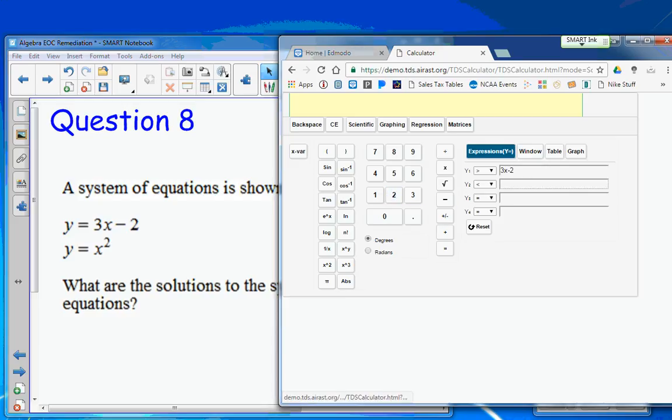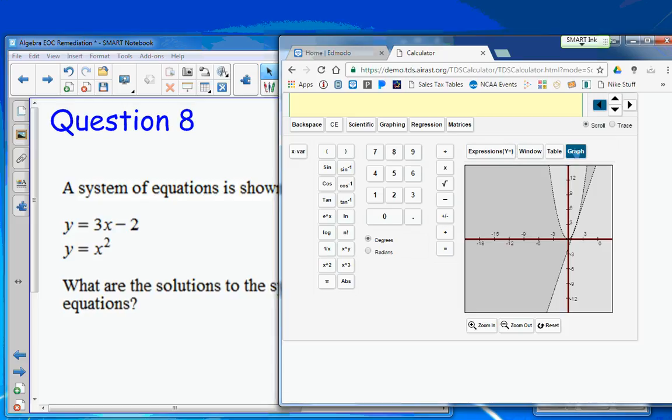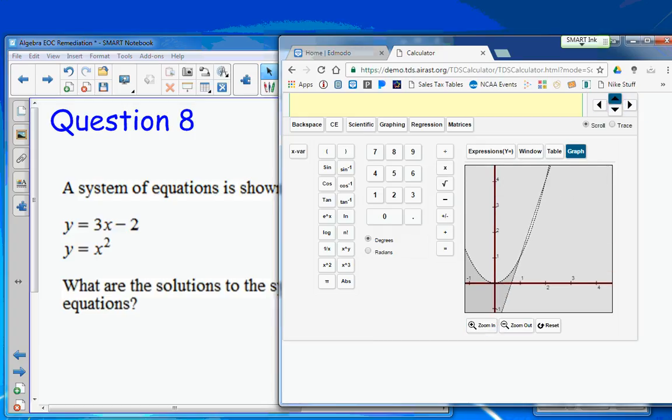And I'm also going to put in y equals x squared. Now that I have my equations entered, I want to go over to my graph. Now I can see that they intersect, but I can't tell where. So what I want you to do is zoom it and move it so that you can see what's going on.